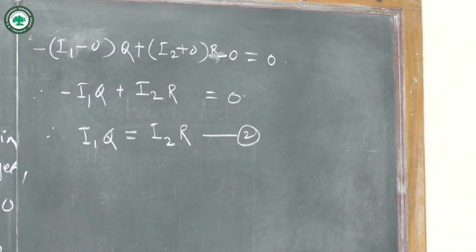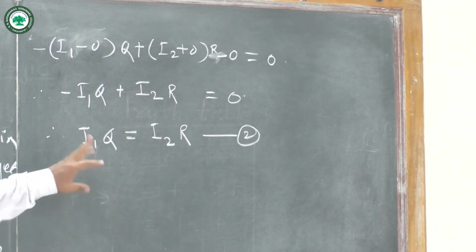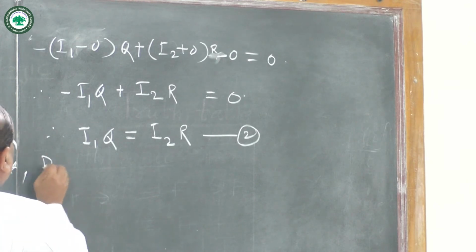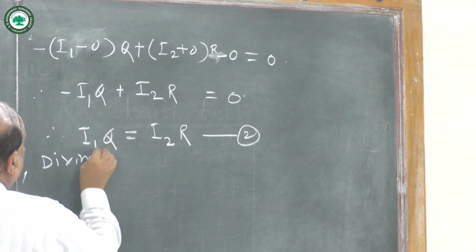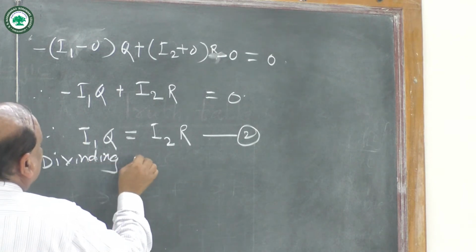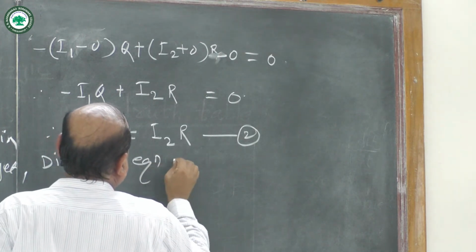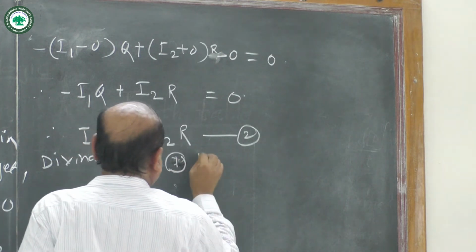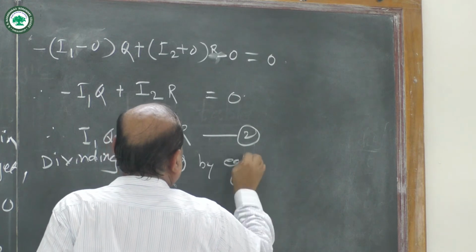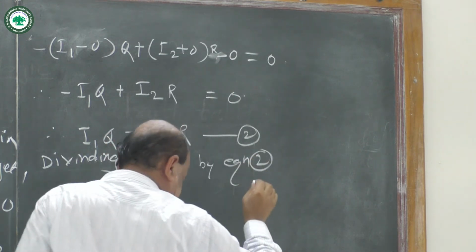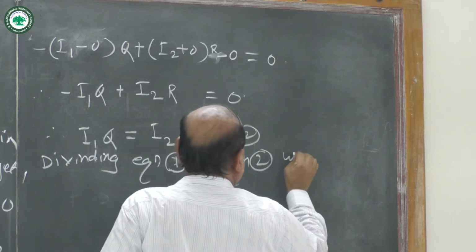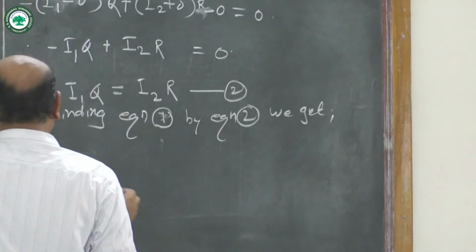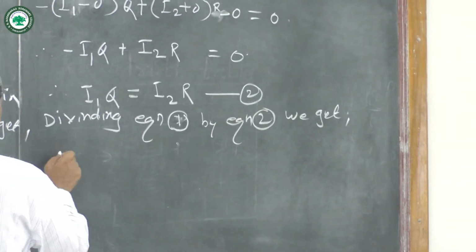Here, divide equation 1 by equation 2. We get, what is equation 1?